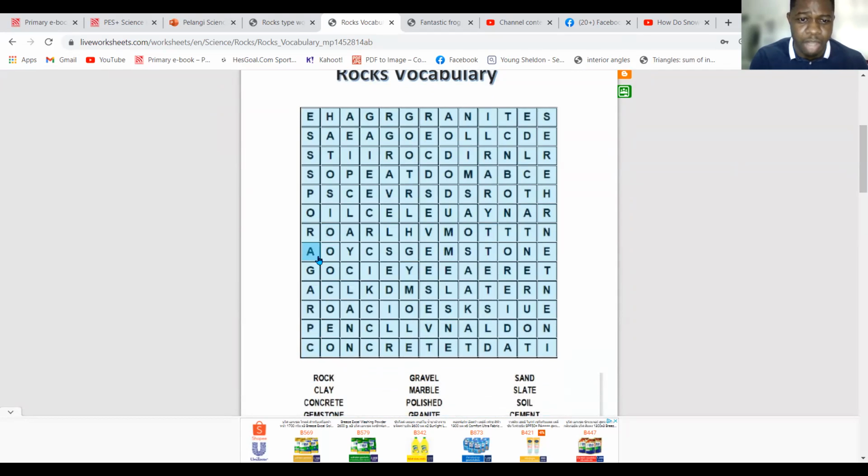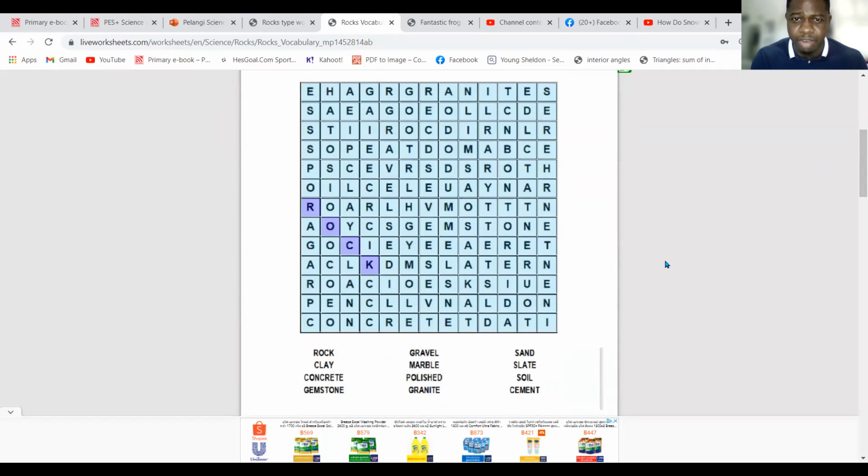Let me show you how to do it. For example, look at rocks here. You can just click on it, 1, 2, 3, and 4 like that, okay? Click on it, it will show rocks. Next, you can see granite here. G-R-A-N-I-T-E, granite.